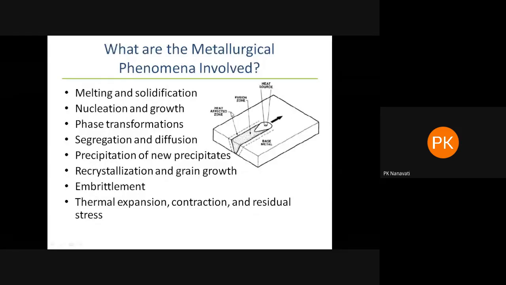Many phenomena are involved in welding processes, like melting and solidification, because the base metal has to contribute to the weld metal. The edges of the base metal are partially melted to get mixed with the filler metal. Then the whole molten steel solidifies. Then there will be nucleation and growth during the solidification process. Then there will be phase transformation.